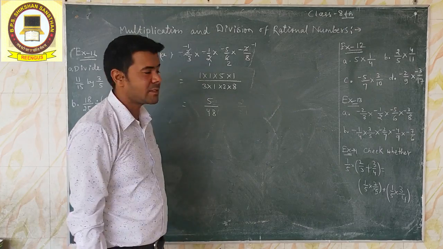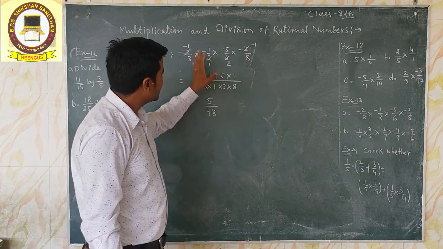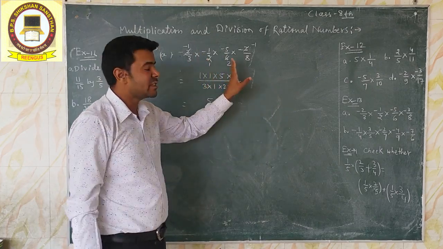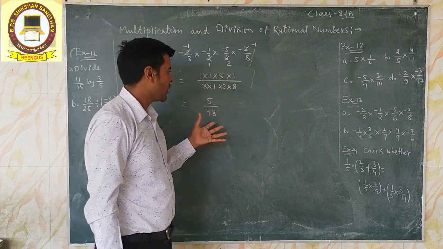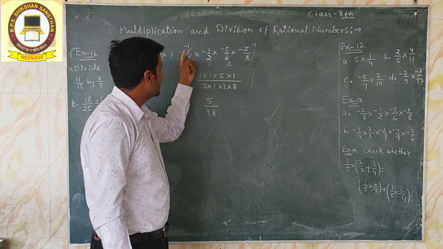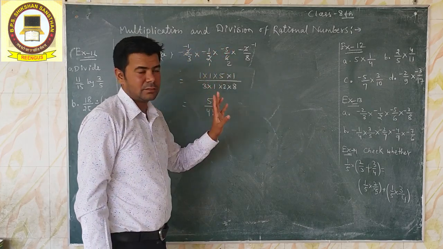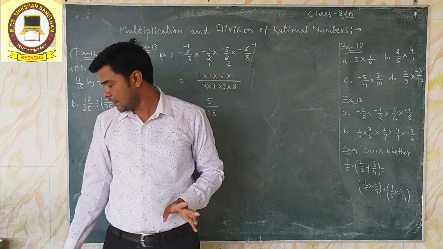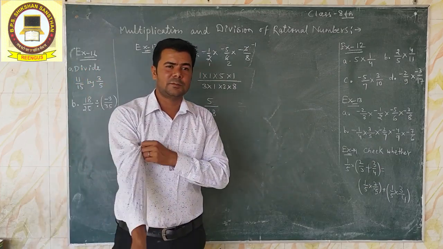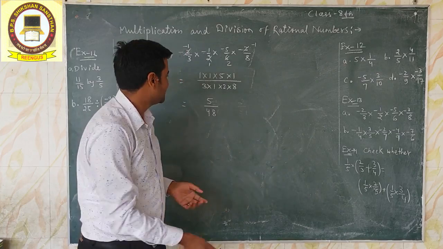So this is our answer, right? It is simple: we multiply numerator with numerator and denominator with denominator, and we need to check for the sign. The sign is very important when you do multiplication, division, subtraction, addition or whatever.